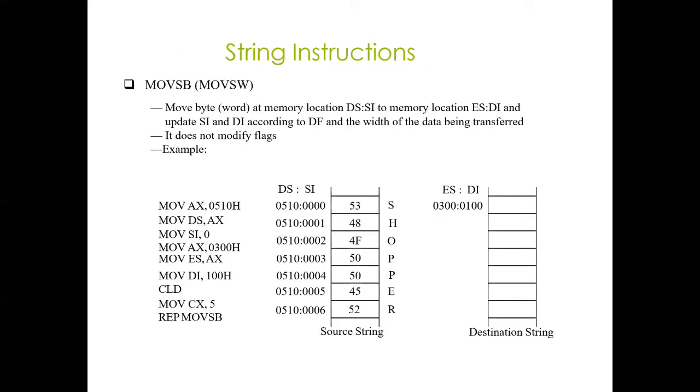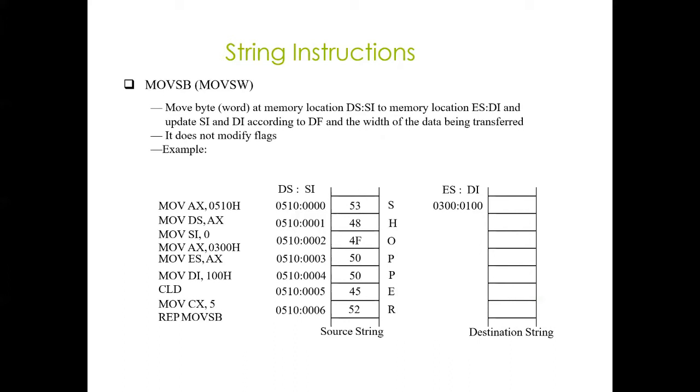Next is MOVSB or MOVSW. The MOVS instruction moves 8-bit or 16-bit data from the memory location addressed by the SI register to the memory location addressed by the DI register.